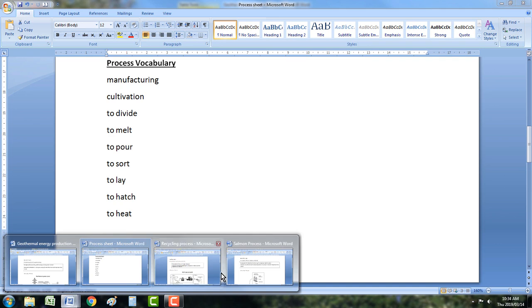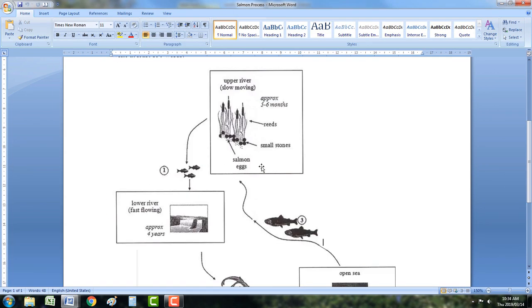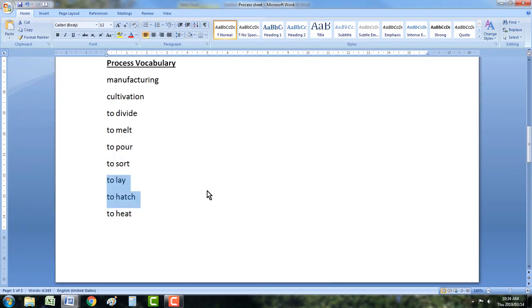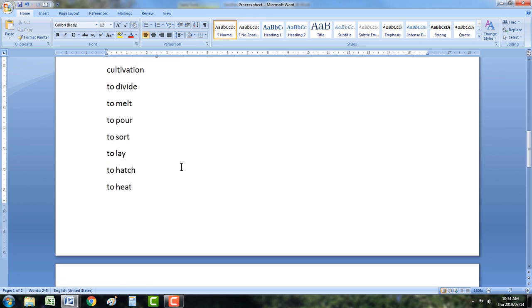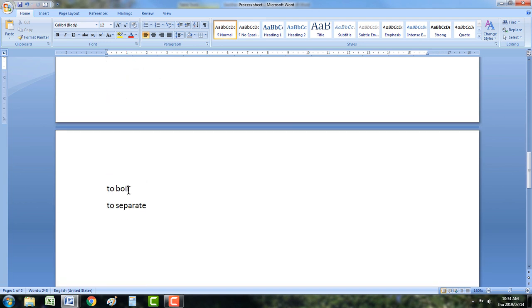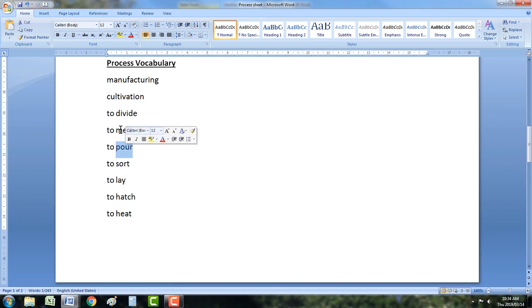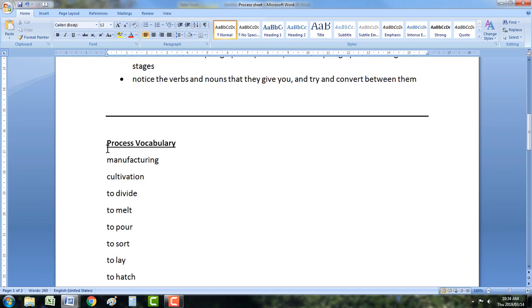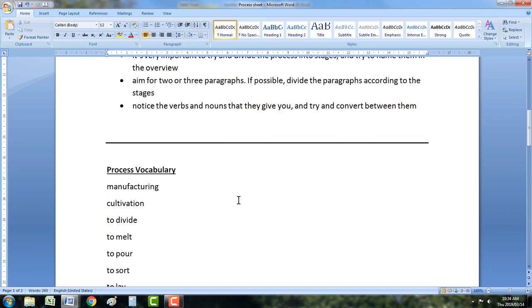If we look at the salmon again, there are eggs there, and those 2 verbs: the fish lays the eggs, and then the eggs hatch and a baby fish comes out. So it's just some vocabulary that might come up in processes: boil, separate, pour, melt, divide, that sort of thing. It's difficult to make a process vocabulary list, but you should start one.